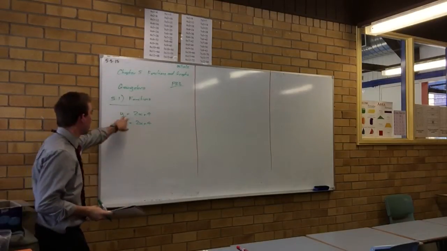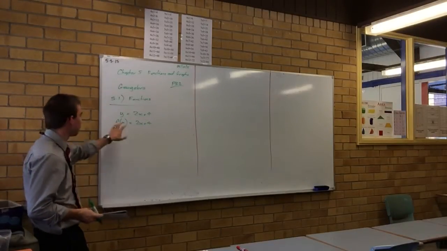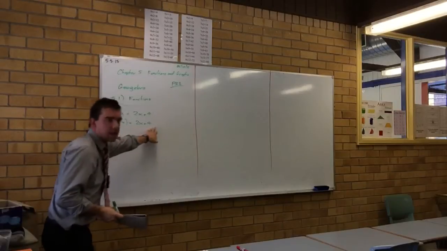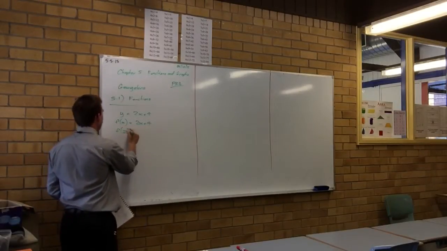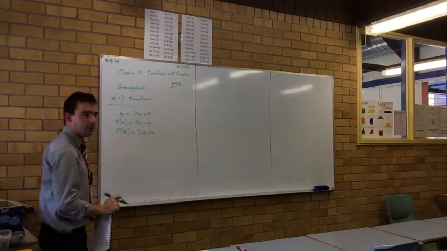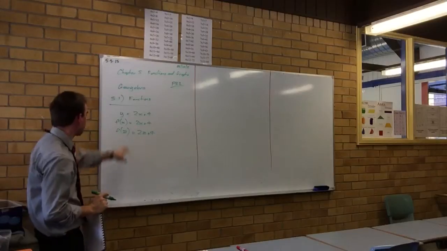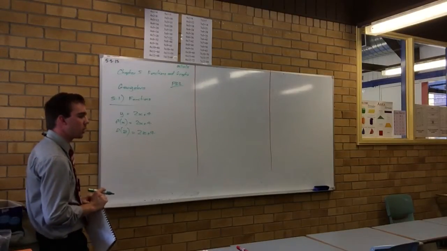Instead of calling it y equals, it'll now be notated as f of x. If I had the function of z, it would be 2z plus 4. It is an expression relating to the variable inside the bracket. And this is called function notation.